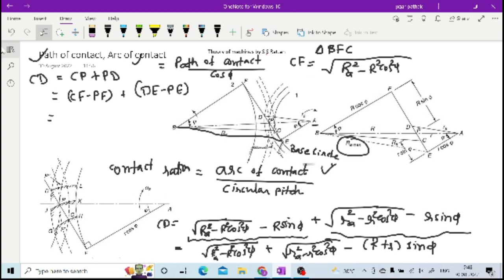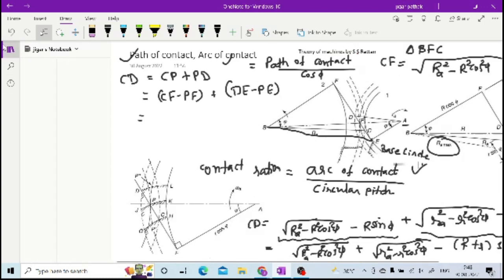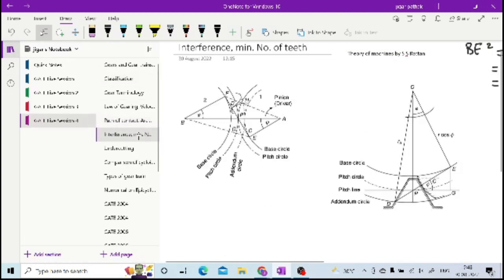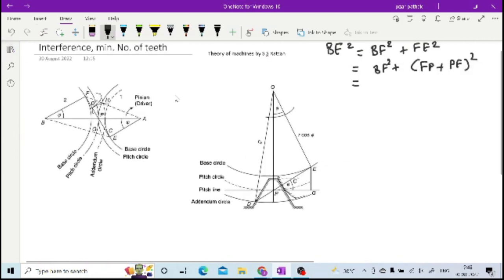This FP is related to your gear, and this PE is related to your pinion, right? So if you have this particular geometrical data with you, then you can find out the minimum number of teeth required in order to avoid interference.